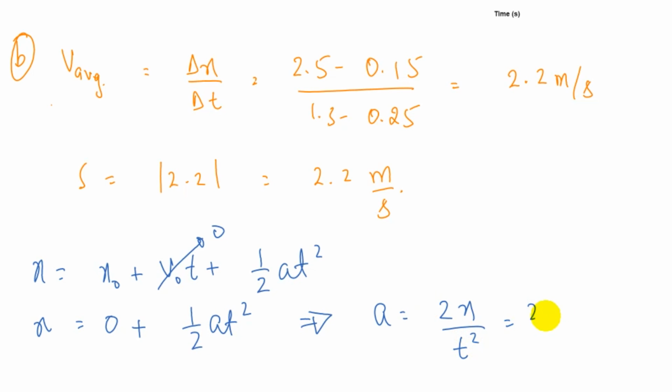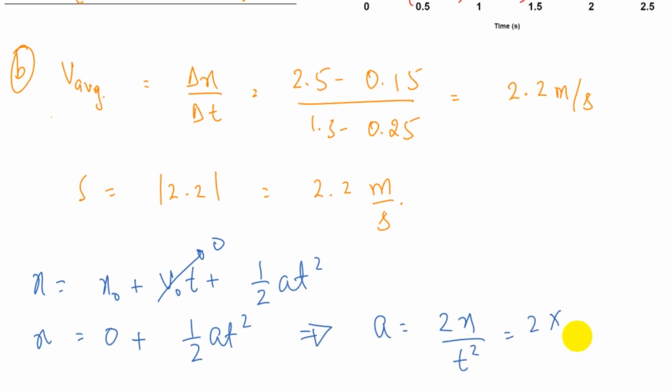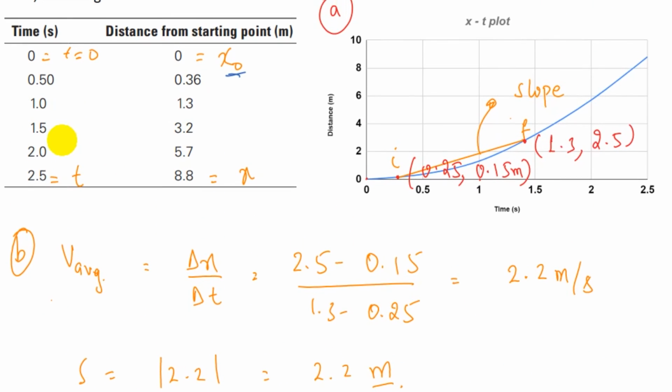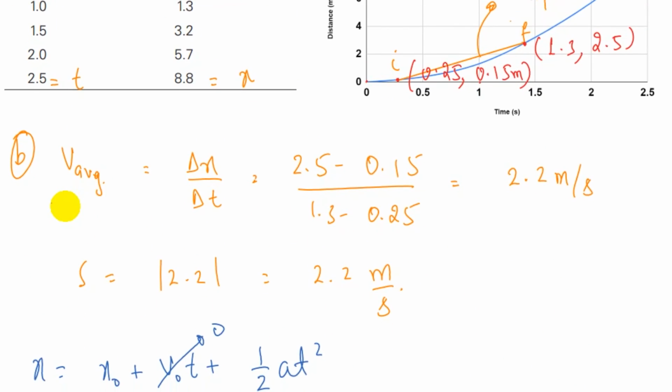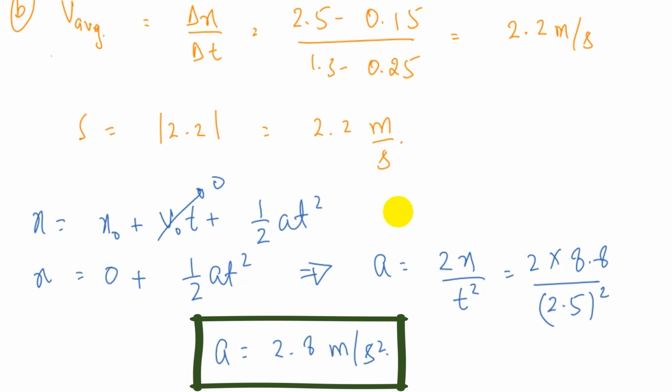Now we can put in the values: 2 times x, which is 8.8, divided by the time we have, 2.5, squared. From here we get the acceleration to be nearly 2.8 meter per second squared. So this is the answer for the C part.